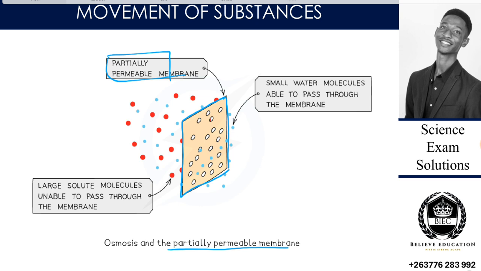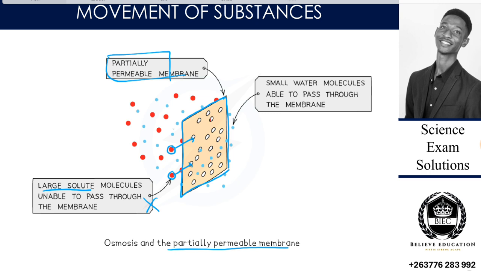We have large solid molecules, which are these red ones. Are we together? These large solid molecules can't pass through the small holes, primarily because of their what? Of their size. So the large molecules are unable to pass through the membrane.